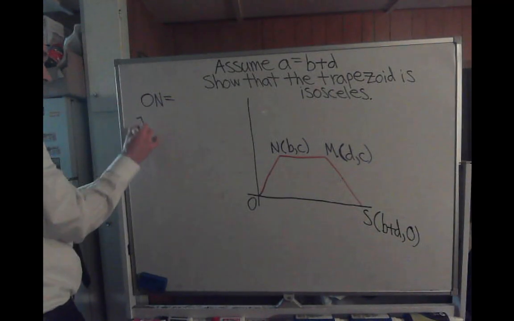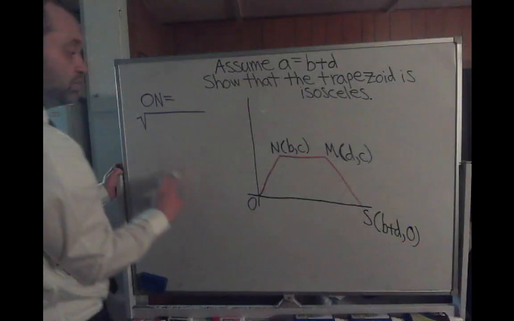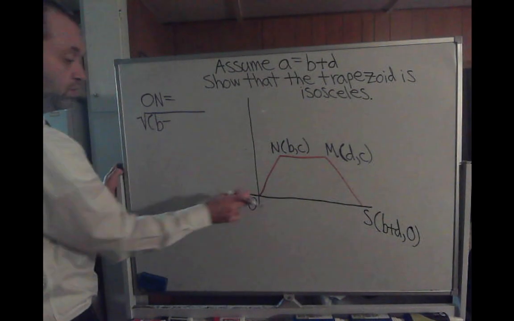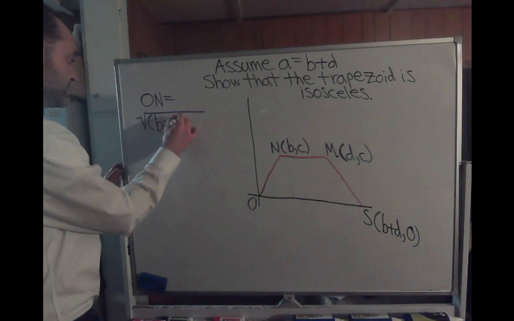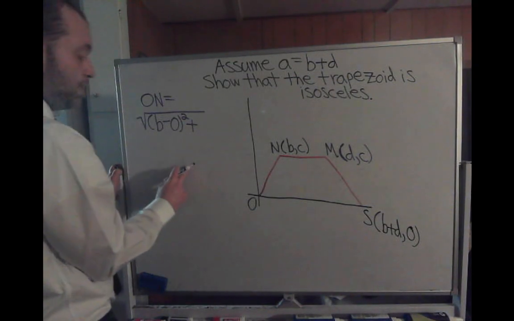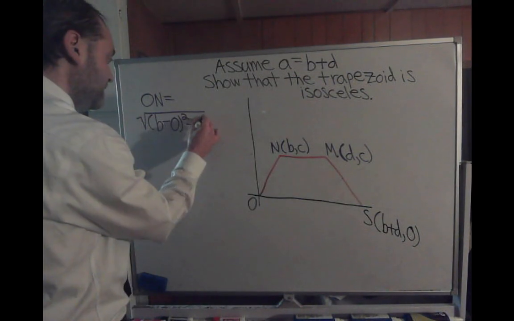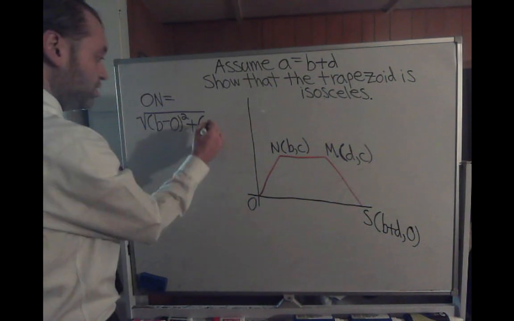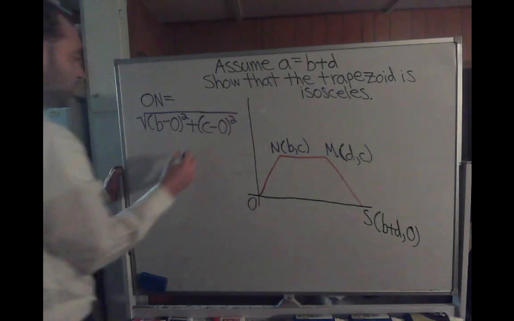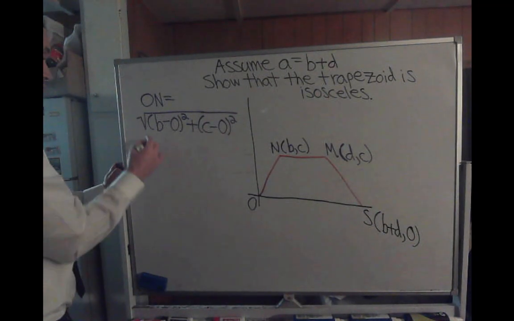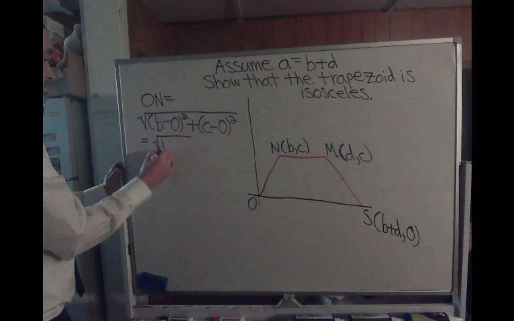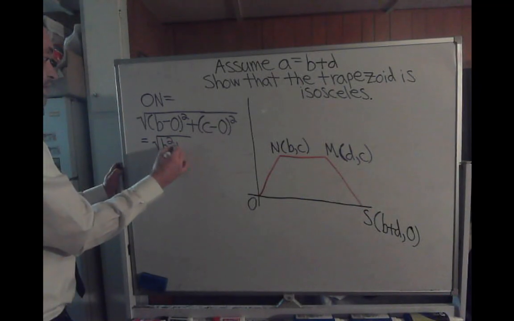So find that distance, take your x2 of B minus your x1 of 0, raise that to the second power, plus take your y2 of C minus your y1 of 0 to the second power, which then would simply give you the square root of B squared plus C squared.